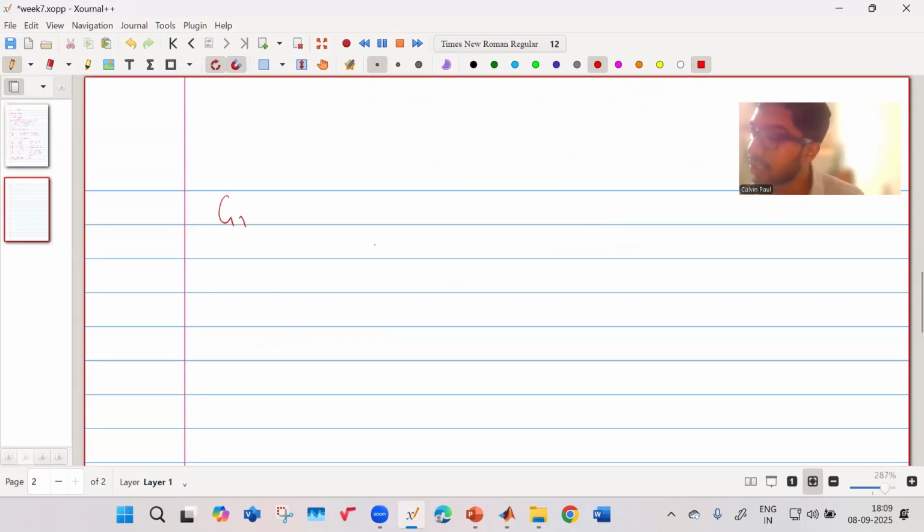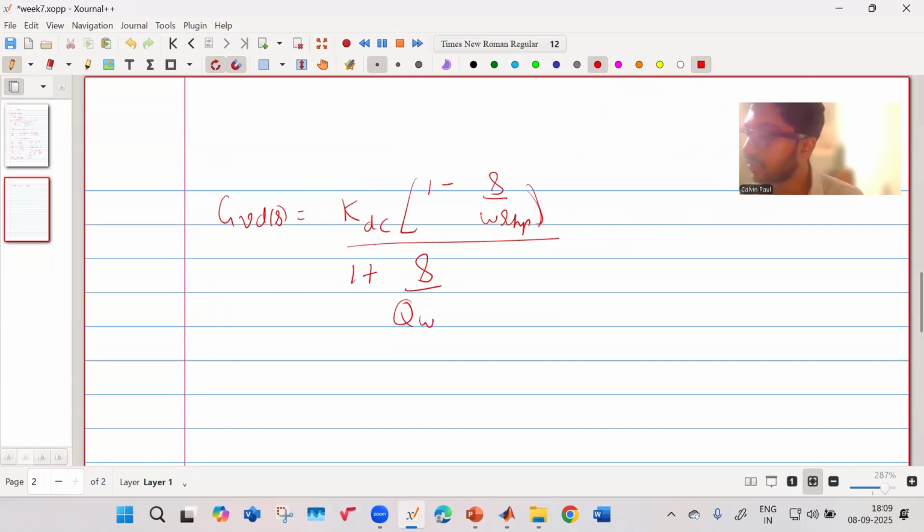Your GVD of S is given by some K DC gain into 1 minus S upon omega RHP, upon 1 plus S upon Q omega naught plus S square upon omega naught square. This is the generic form of GVD of S. So let us start with the buck converter.